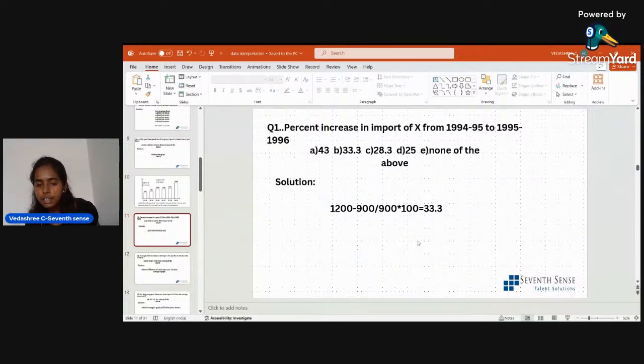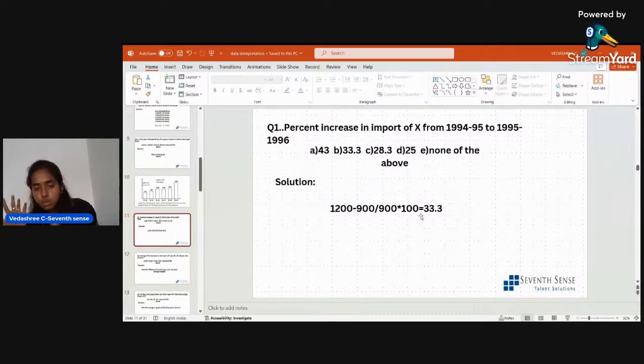So 1200 minus 900, these are the import of X, divided by 900, into 100. This is the formula to calculate the percentage. You know the formula to calculate the percentage, right?